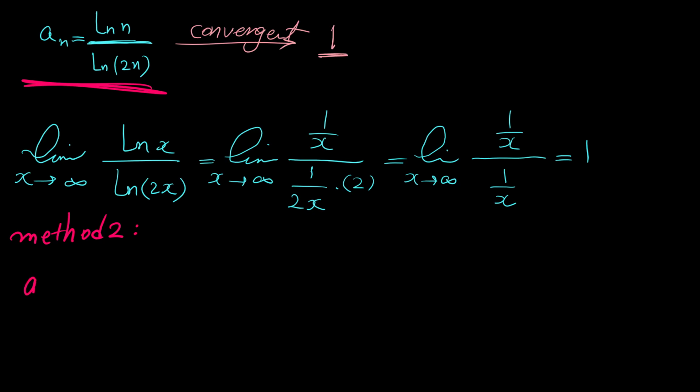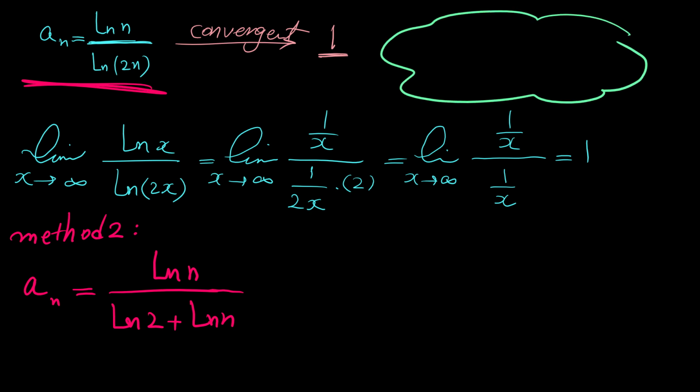Note that we can write this given sequence in the form of ln of n over ln of 2 plus ln of n. Why can we do this? Let me remind you of a property of ln functions. If you remember, ln of a times b is equal to ln of a plus ln of b.